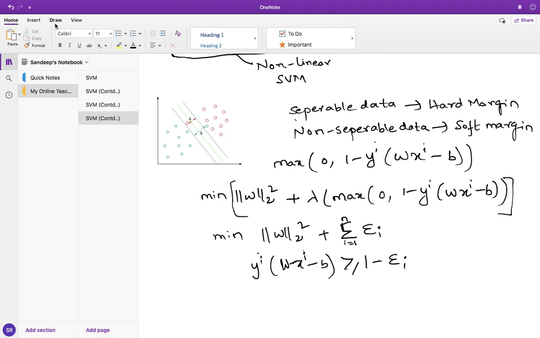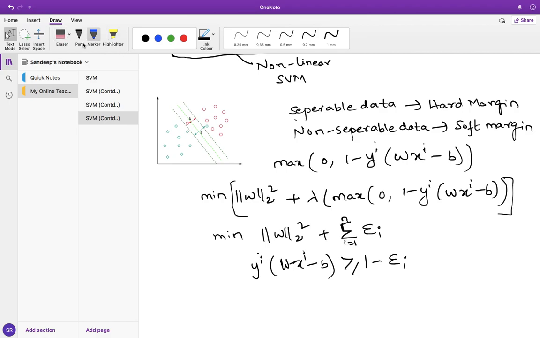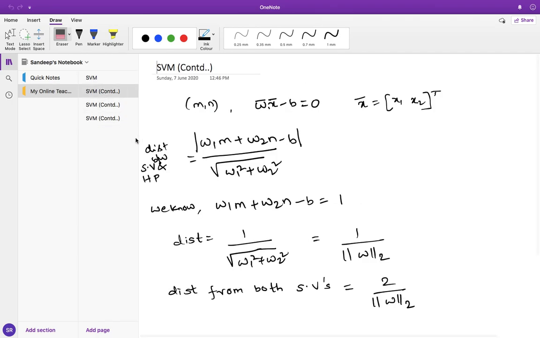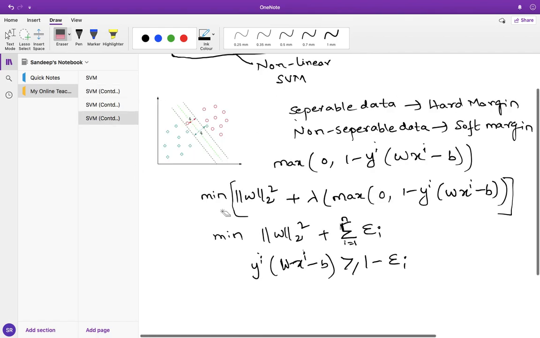So we were trying to see the optimization equation for the soft margin. There are a few corrections here. Firstly, we were following from the beginning the convention that it is a norm and not the square of the norm, so let us keep the same notation. Let me erase this.